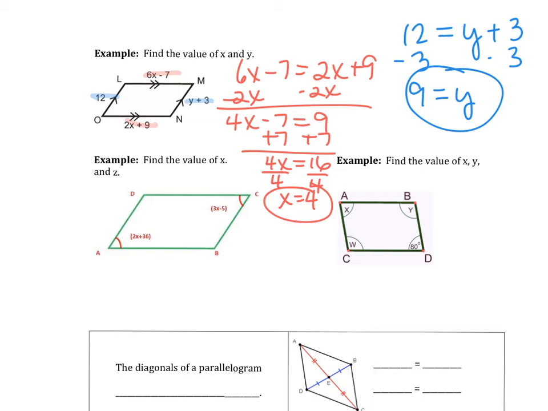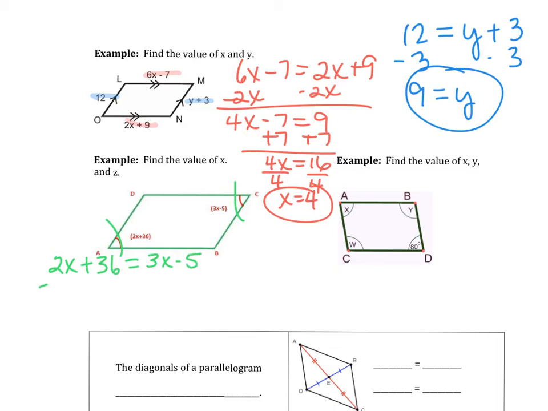Moving down to the next example, finding the value of x. Again, I have parallelograms here, so I know that my opposite angles are congruent. So I know that angle C is equal to angle A, so I'm going to set up my equation. 2x plus 36 equals 3x minus 5.